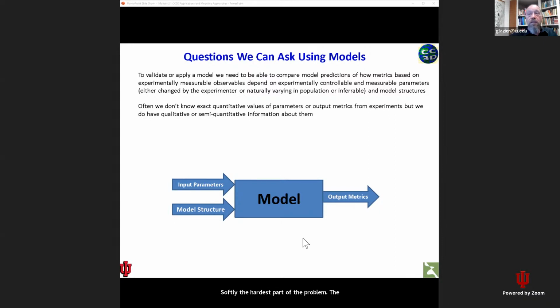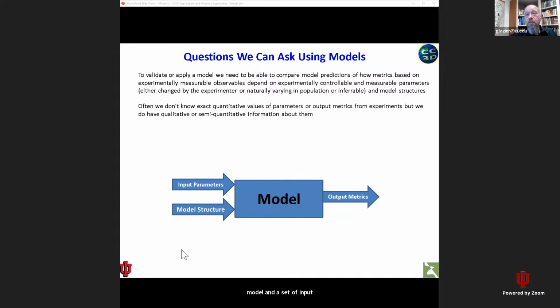The second thing is that a model takes two different inputs, one of which is a model structure that is fundamentally the set of biological, chemical, physical hypotheses that you're embodying in the model, and a set of input parameters.